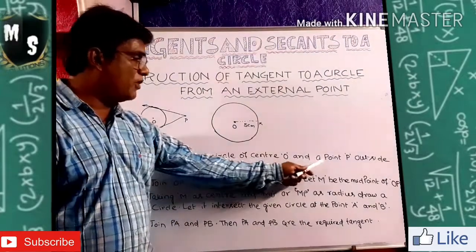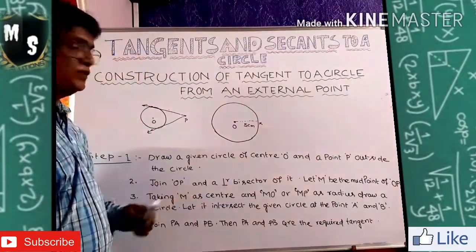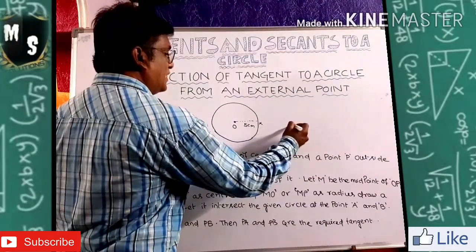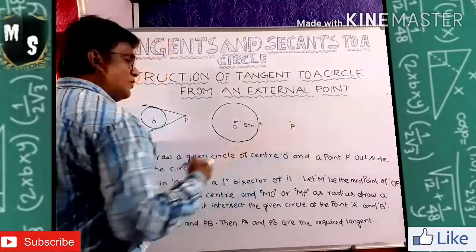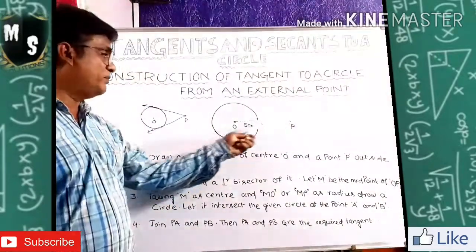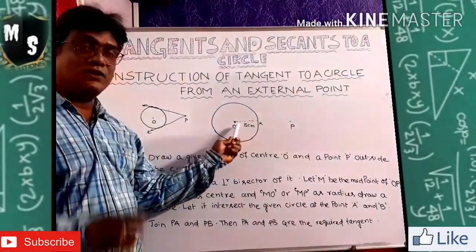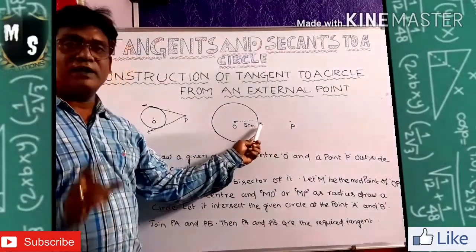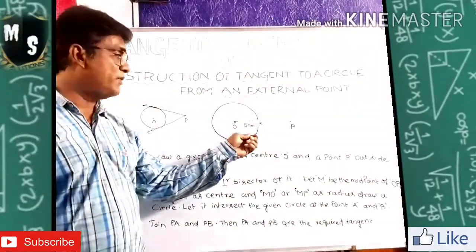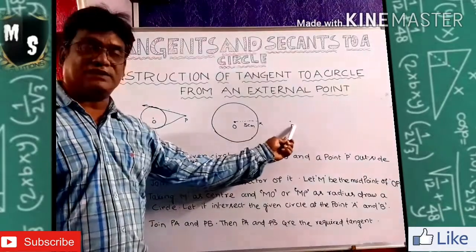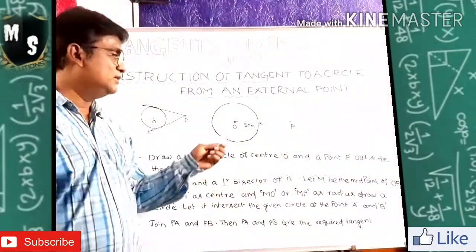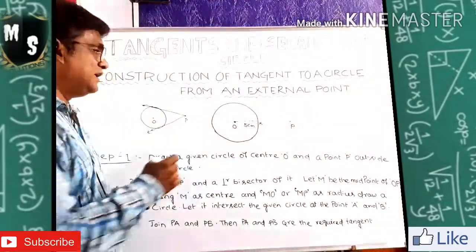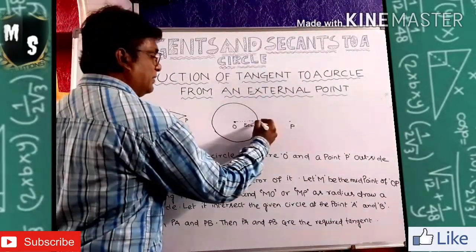And a point P outside the circle. You take a point P outside the circle. It will be given to you how far P is from the center. Please mark it: it is measured either from the center or from this point X. Read the question carefully. If it is from X, take that much distance from X. If it is from the center, take that length from O to P. Let it be from the center, 10 cm.